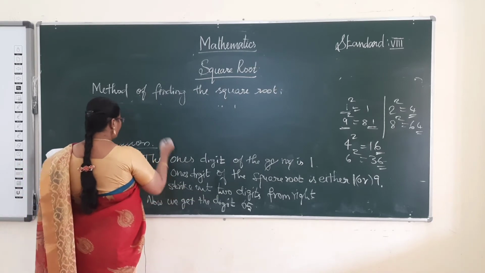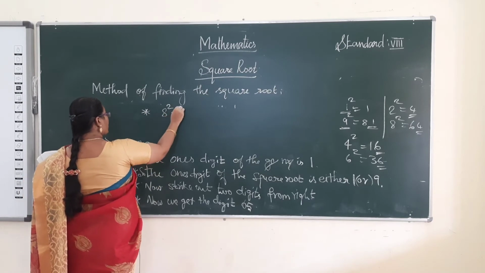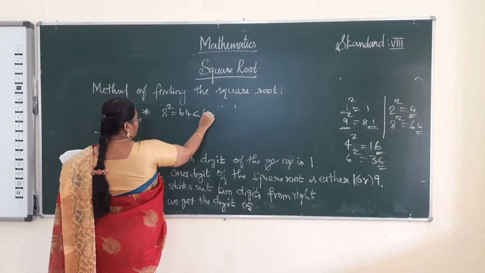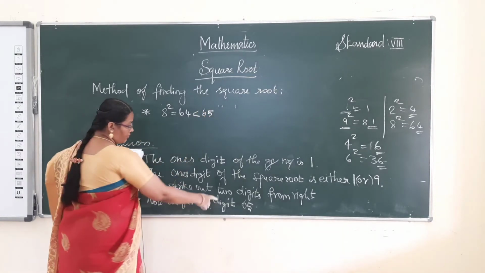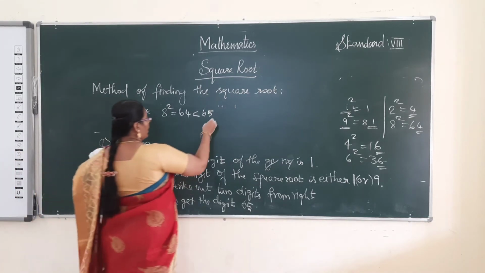So what are the possibilities for 65? 8 squared is 64, and 64 is less than 65.